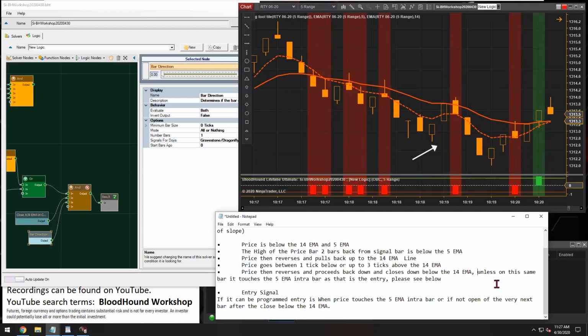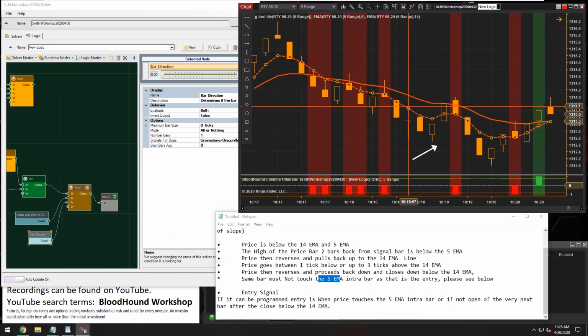We could actually turn that into a new rule here. Basically, our bar must not touch the EMA5. The bar must not touch it.